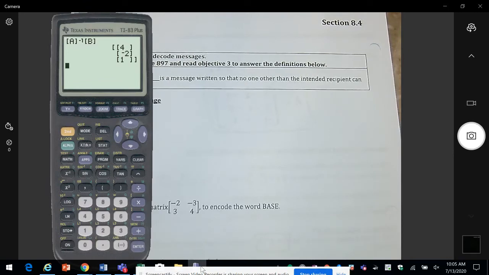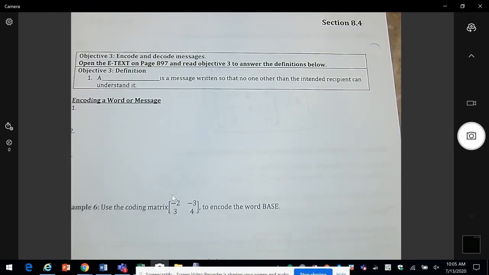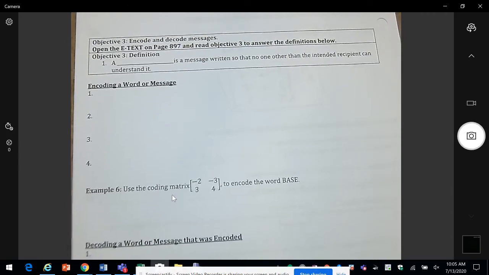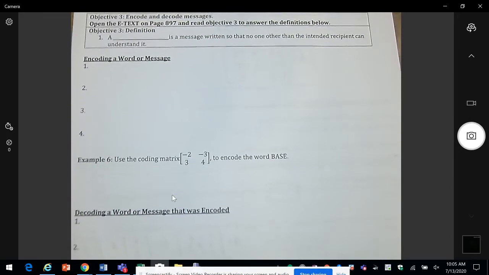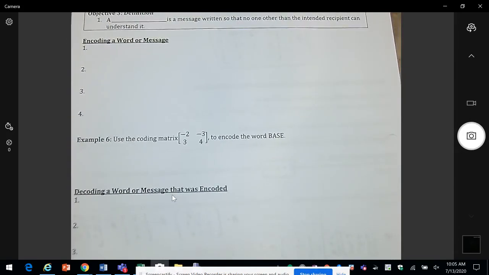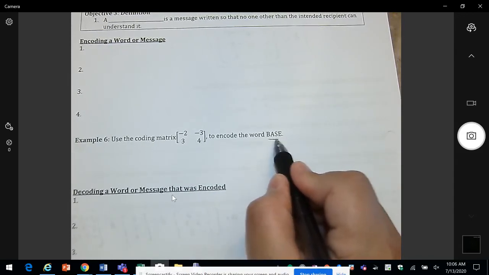The last part of this section is to encode a message. Okay. So if you want to encode a message, for example, the word base.